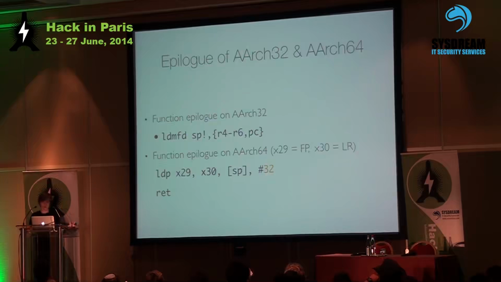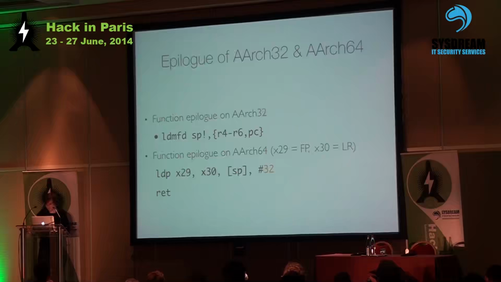This is mostly, as I've been told by an ARM engineer, because of pipeline stuff. Basically, the pipeline needs to be flushed on a return instruction, and even the return instruction signals to the CPU that this is not just an unconditional branch. You can do other optimizations because this is a return. It's quite fascinating. But it's just important to know that basically we load the link address and the previous frame pointer from the stack, and the return will jump onto the stack.